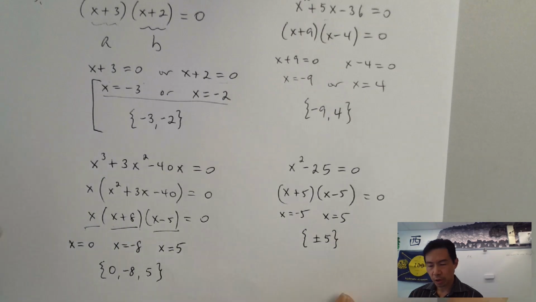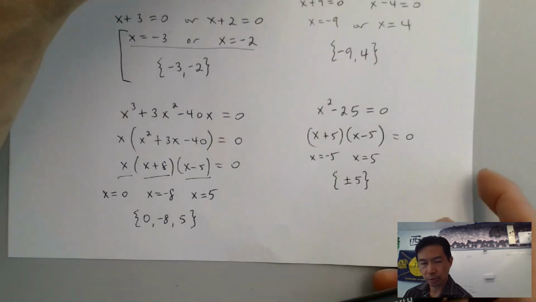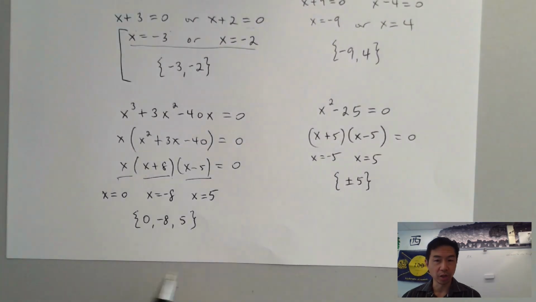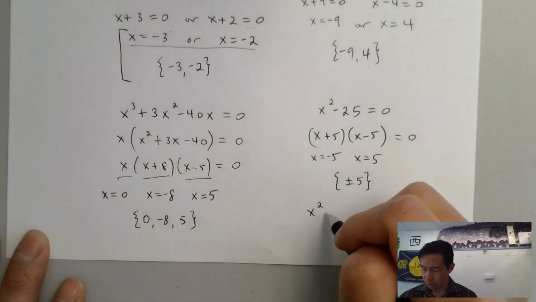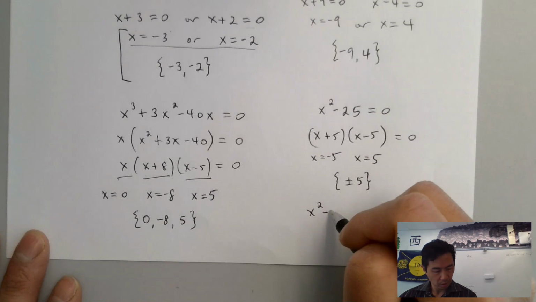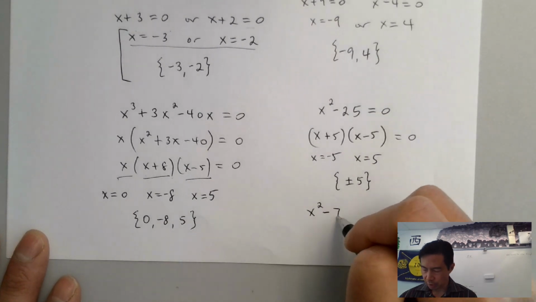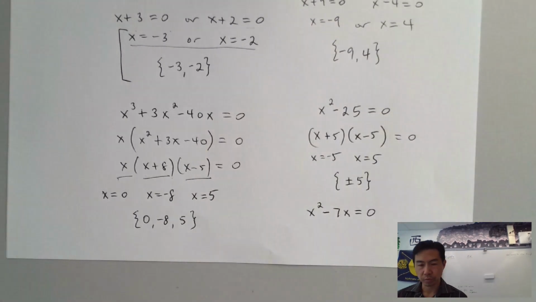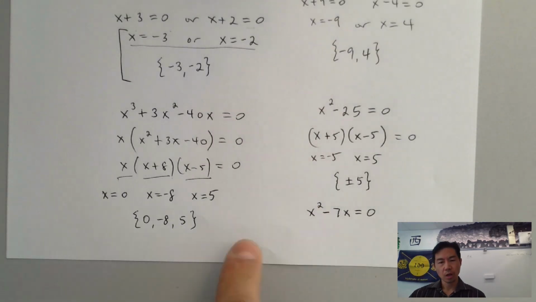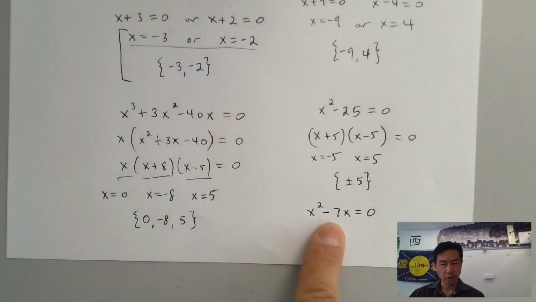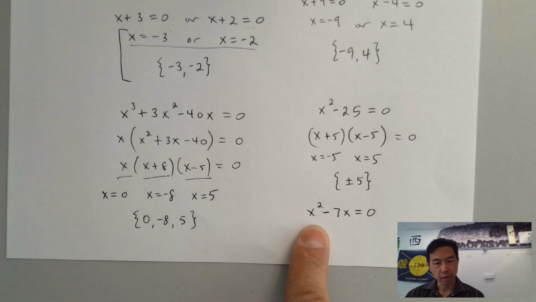You could also get solutions from factoring if you're given a binomial that is not a difference of squares. A binomial that just has a GCF, like this one. X squared minus 7x is 0. I look at this binomial, it is not a difference of squares or difference of cubes or sum of cubes, so the only thing I can do is take out a GCF.